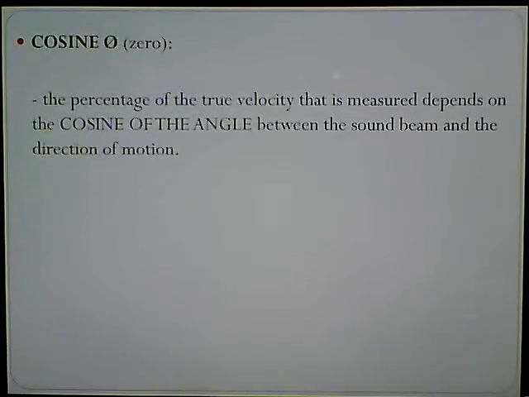Now, this describes basically the nature of the angle that we're striking that motion, okay? There's 0 all the way to 180. They call it cosine 0 because that's the best. That's the 100% most accurate because blood is moving towards us.